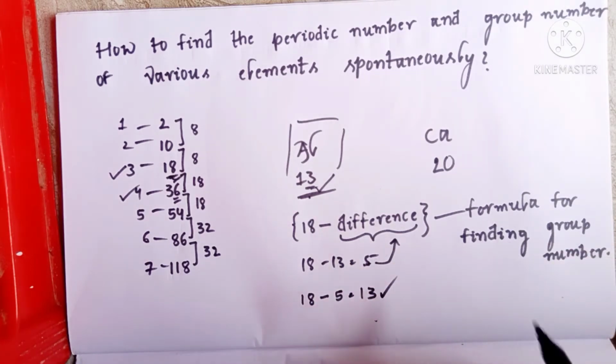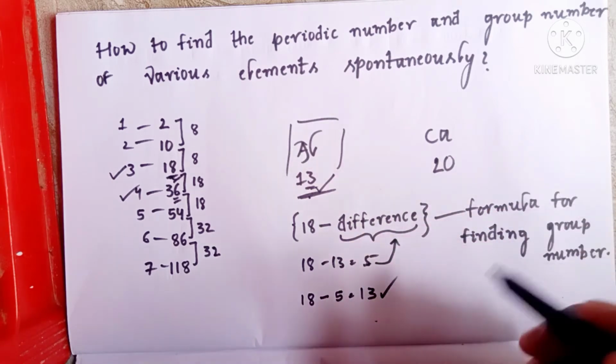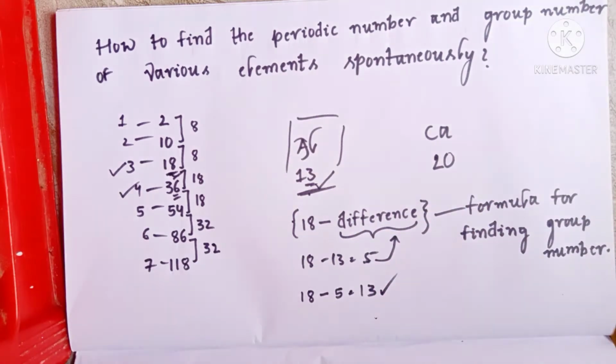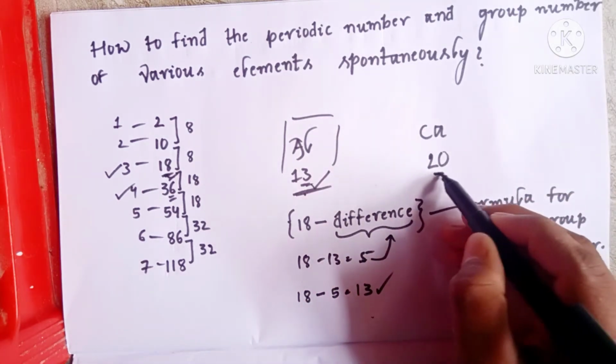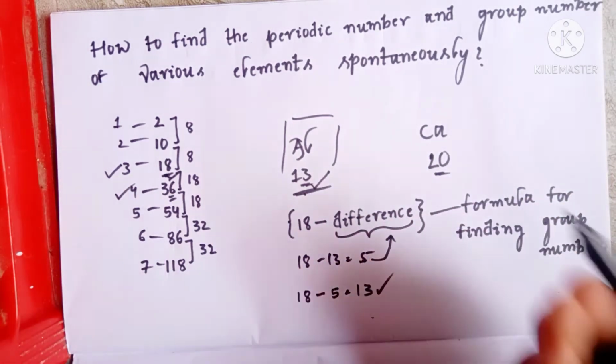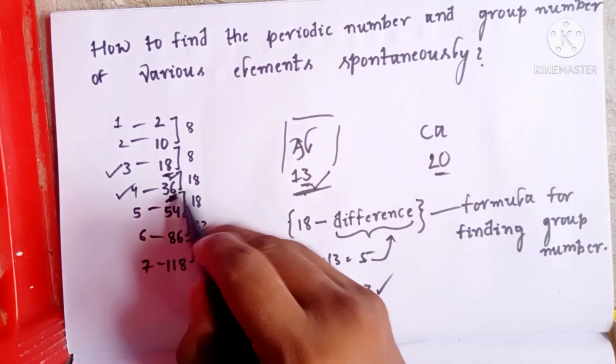Now as per this formula, we can also find calcium. So friends, now let us find the group number of calcium. First of all, you need to take a number which is nearer to 20 and also greater than 20, that is 36.